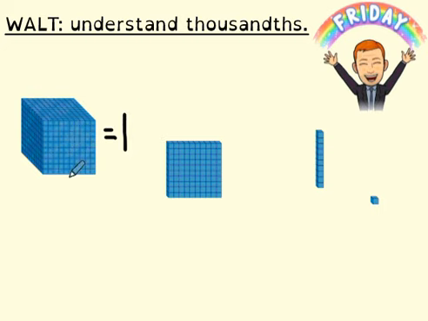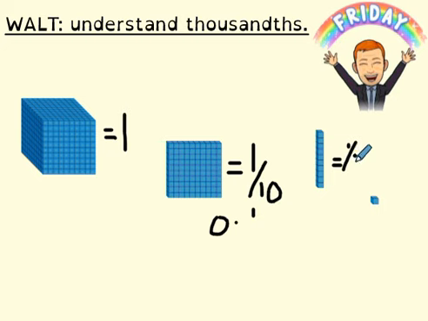If you see the square, I'm thinking of tenths. So 1/10 or 0.1. I'm writing it as a decimal. If you see the rods, I'm using those to represent 1/100th, written as 1/100 or 0.01.